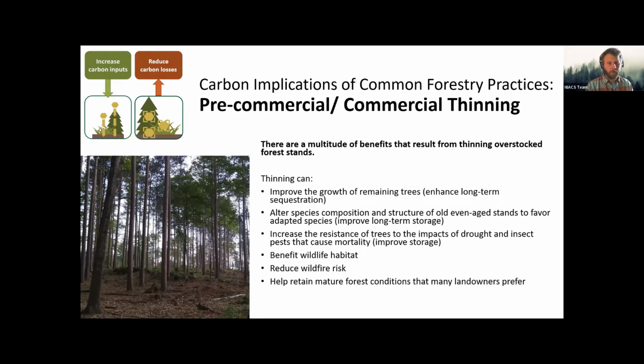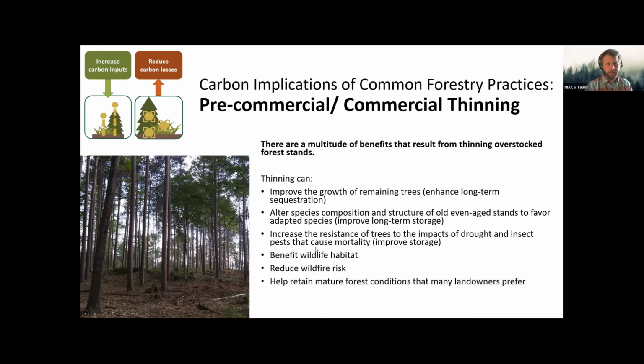If you look at some of the studies that have been done looking at thinning treatments, in particular, thinning that emphasizes retaining the larger diameter trees, so thinning from below, can have a net gain relative to a control where no thinning was done, and the system was just left as is over a period of a few decades. That can be a carbon positive practice.